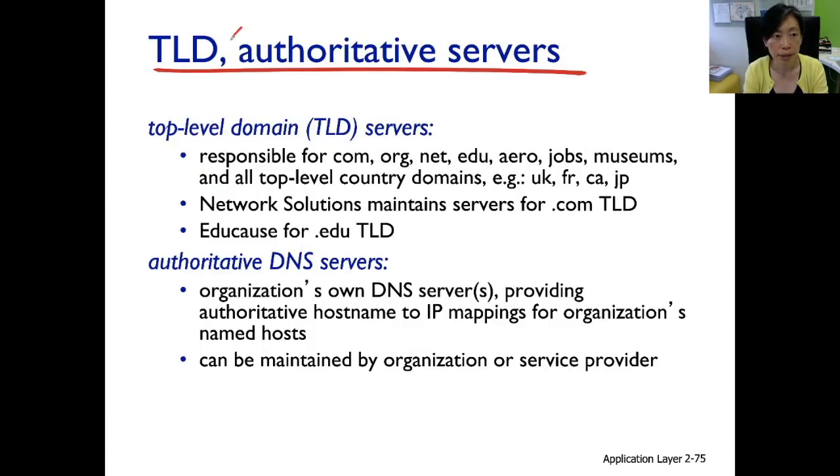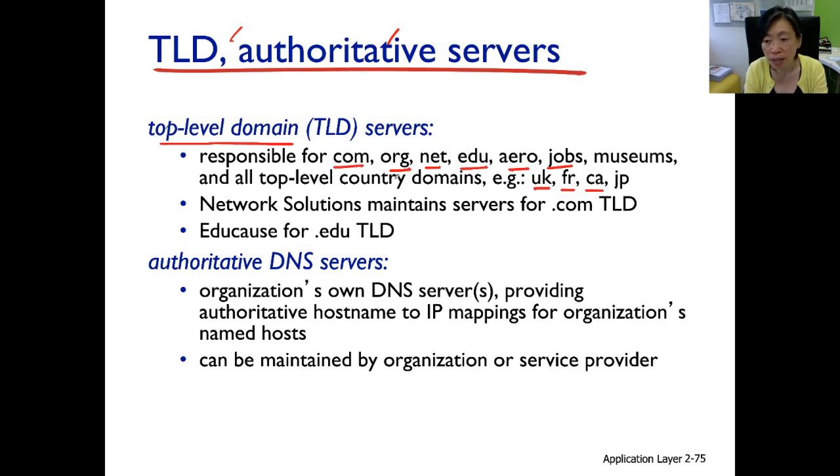Next, the second and the third level DNS servers. At the second level, we have a bunch of these TLD servers, top level domain servers. They're responsible each for a different top level domain. So top level country domains as well, UK, FR, CA, etc. So essentially, this is the last part of the host name there.